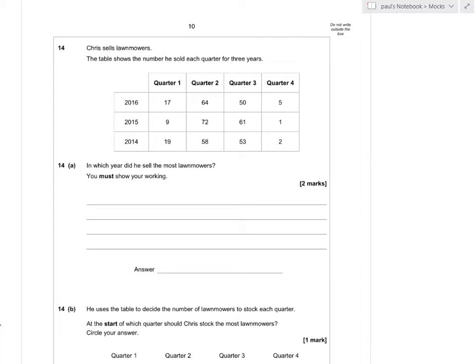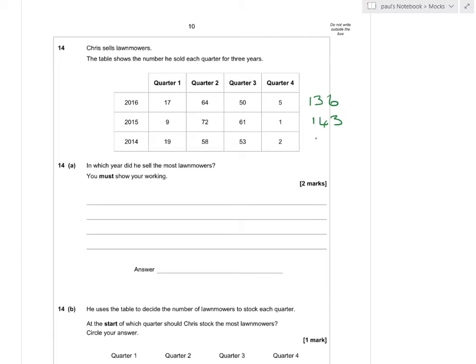Right, which year did he sell the most lawnmowers? How do I know? This table shows how many he sold for each of the 3 years. So we've got to add them all up then, haven't we? Right, 2016. He sold 17 plus 64 plus 50 plus 5, so 136 in that year. And the next, sorry, 9 plus 72 plus 61 plus 1 is 143 in that year.